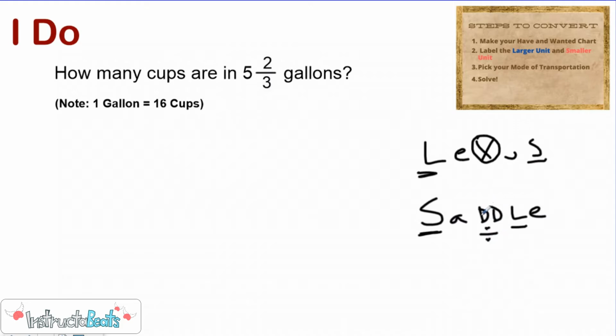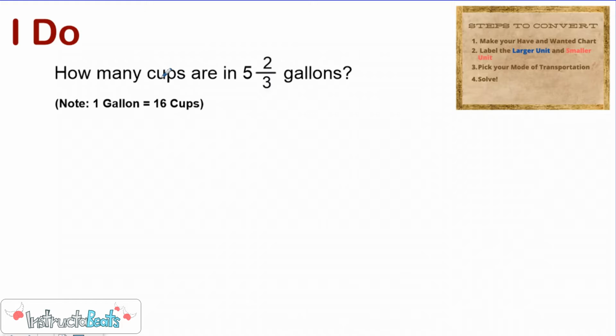That's why that D right there is in the middle to help us remember that if we're going from smaller unit to larger unit, we should be dividing. So that's what we mean by pick the mode of transportation. This is just a shortcut. It's not going to conceptually teach you what you're doing. It's just going to help you figure out, should I be multiplying or should I be dividing to do this conversion?